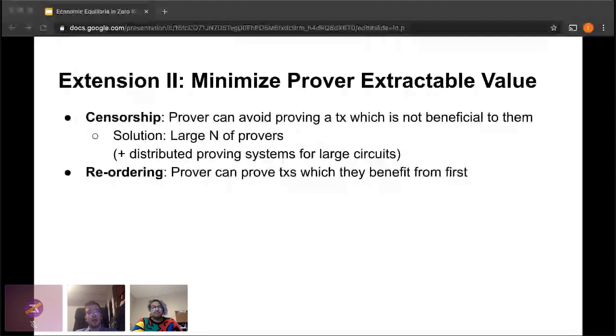Yep. So there are some kinds of attacks which miners can do in proof-of-work systems, and it turns out that these attacks can carry over to this sort of proving mining market.